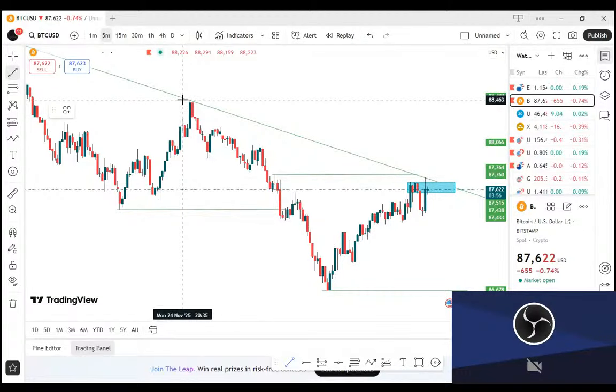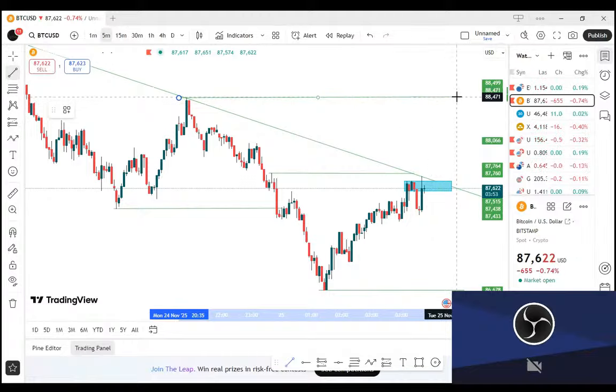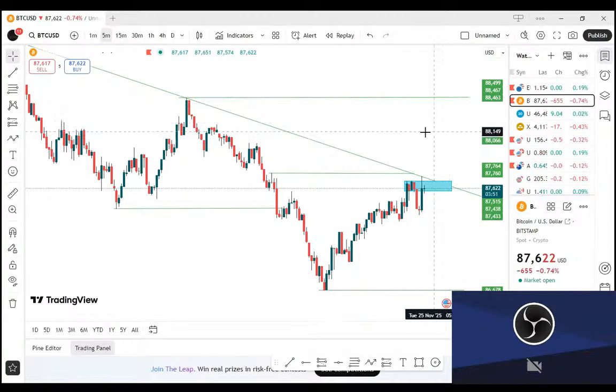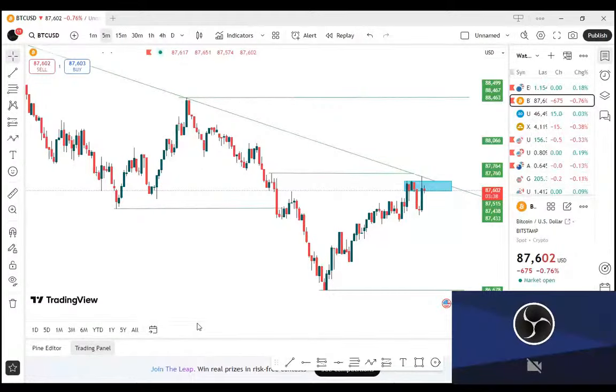Let me look at this high. There's another case on here, so pay attention. If this gives us a bearish candlestick like this, then we have no option but to take it.